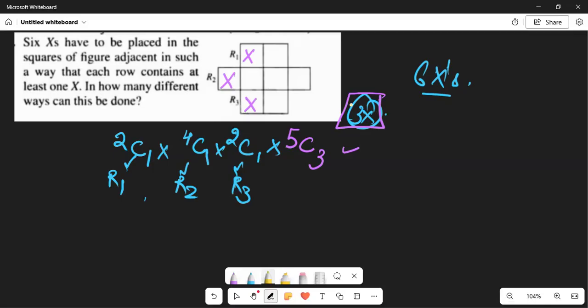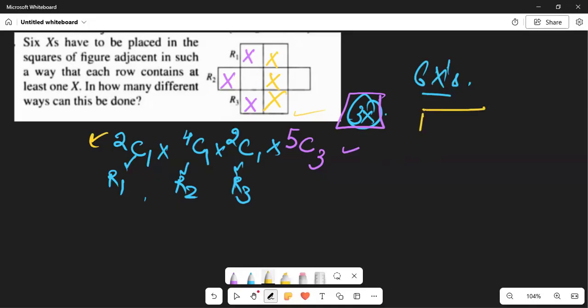Now, you have to fill 3 more squares with the x's. So you then select this position, this square, and this square. So this is one method which is included in this calculation.